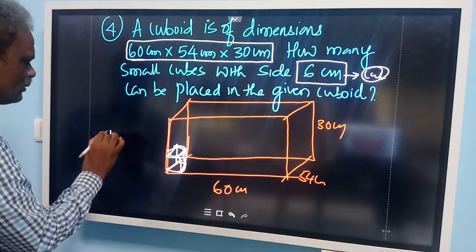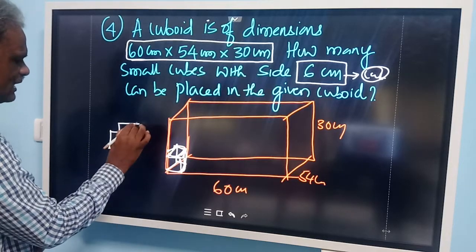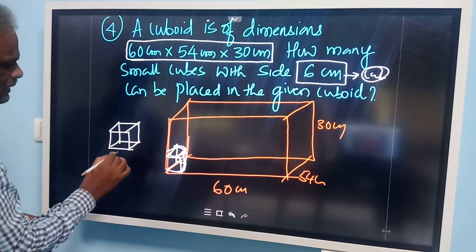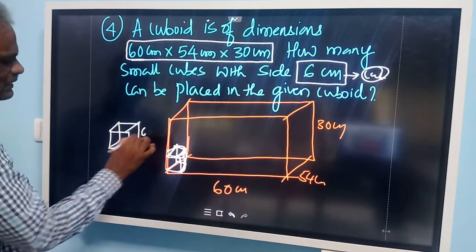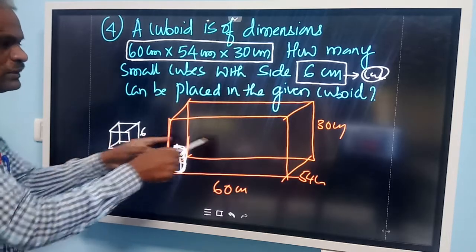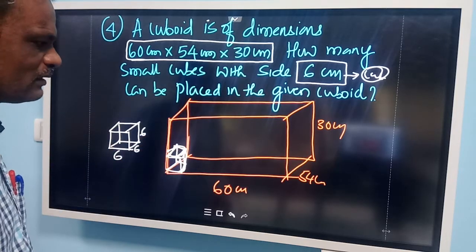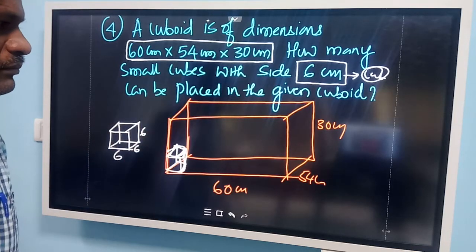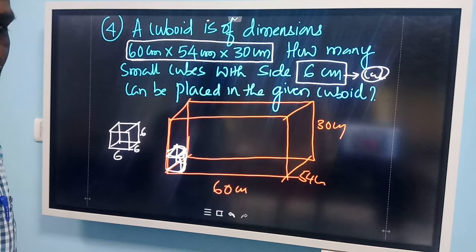How many of these cubes can you keep inside this one? How to find the number of cubes that can be placed?